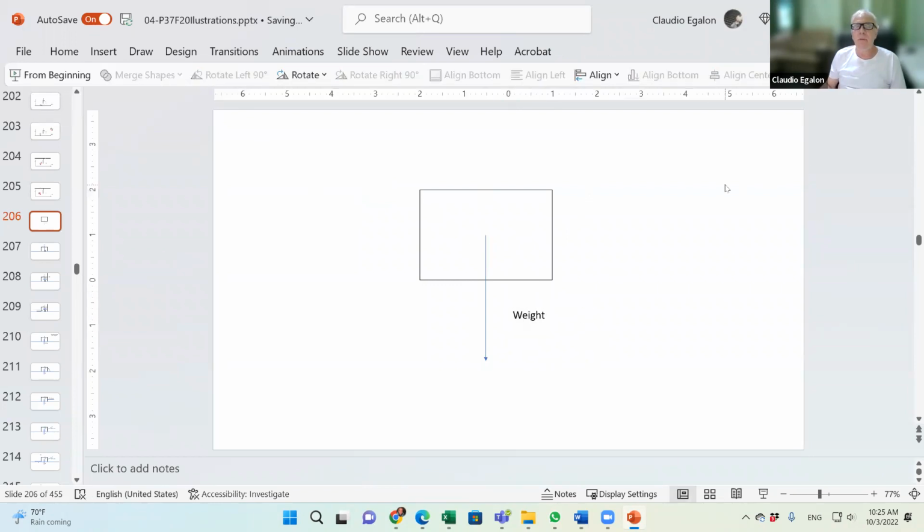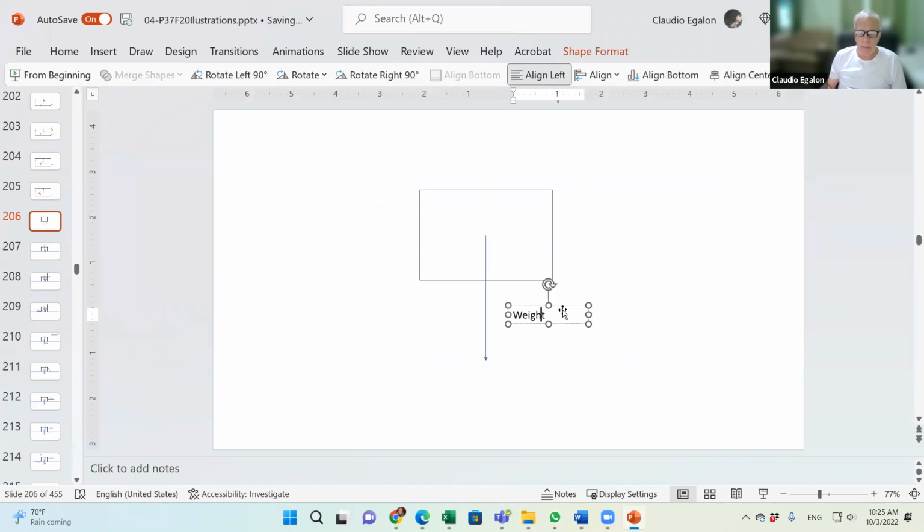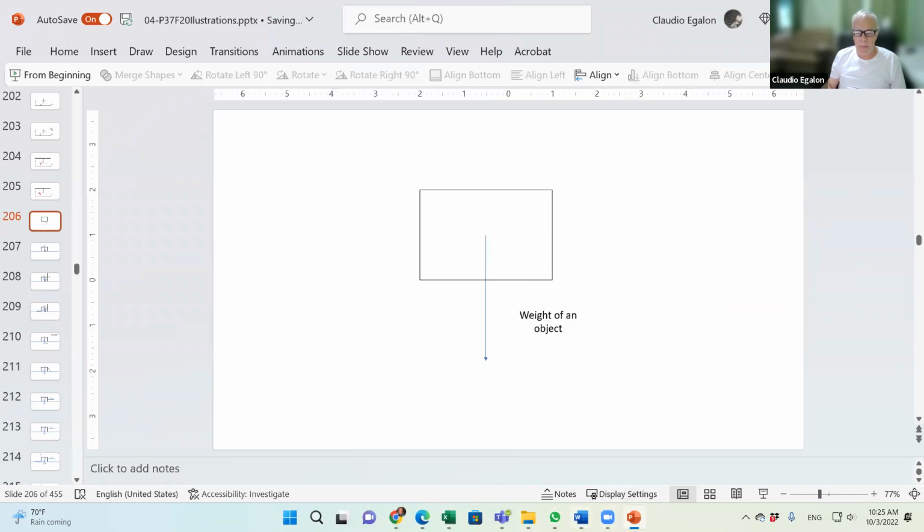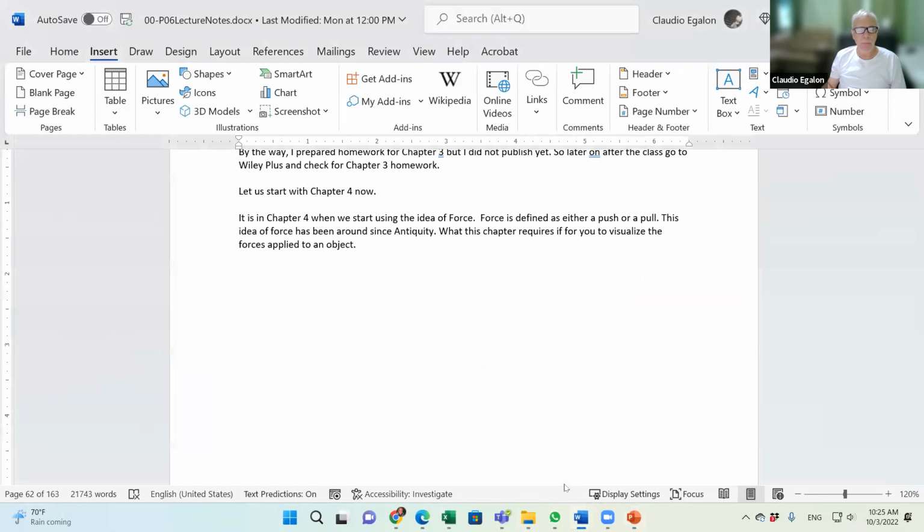So that's the first force that you have to know. Weight of an object. That's why the object moves, because you have this force applied to it. Okay?